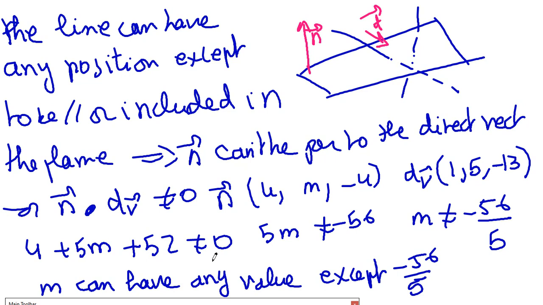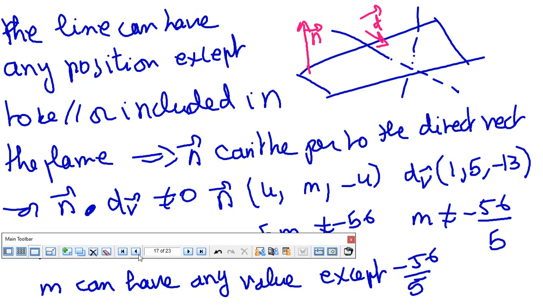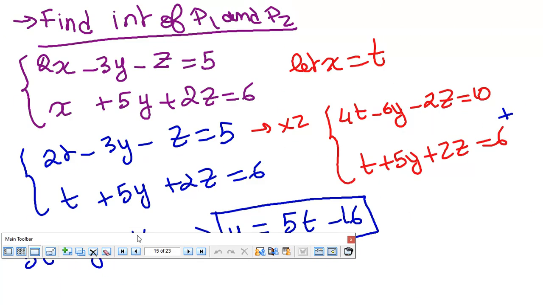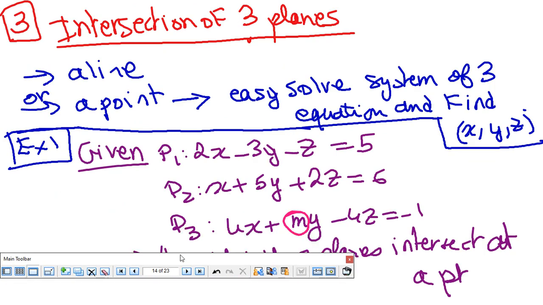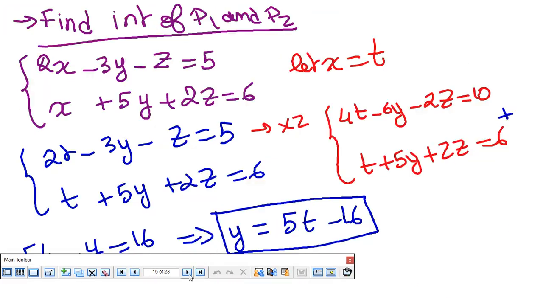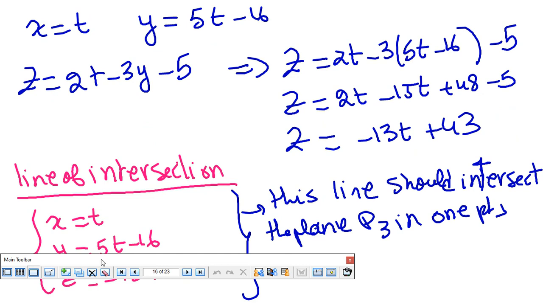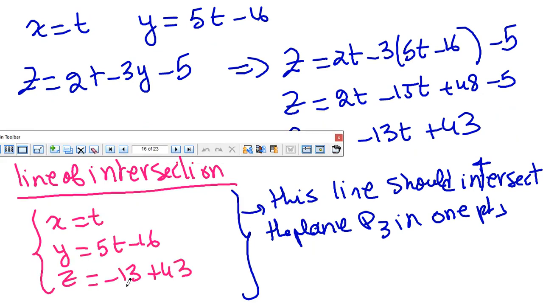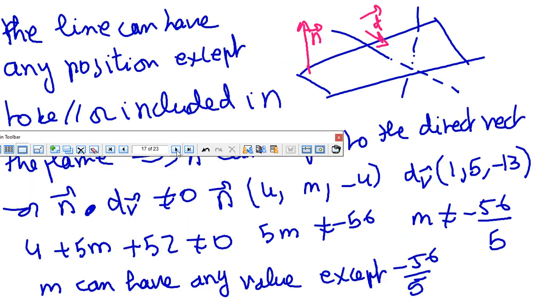The normal vector of the plane, I can look here, it's 4m minus 4. And the direction vector, I look at the coefficients: it's 1, 5, minus 13. Then I do the dot product, and m can be any value except minus 56 over 5.